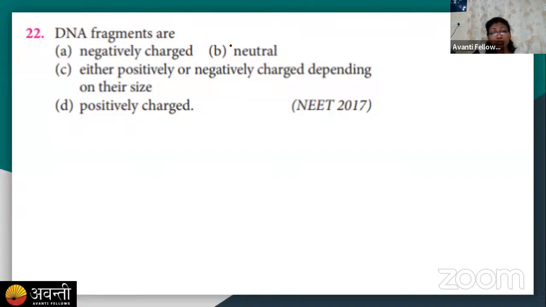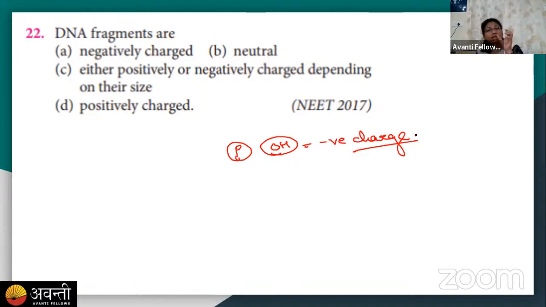Everyone knows that DNA is a negatively charged molecule because it contains the phosphate group and the free hydroxyl group, and both of them have the negative charge. Whatever the length of the DNA segment, the charge always remains negative. So yes, DNA fragments are negatively charged.